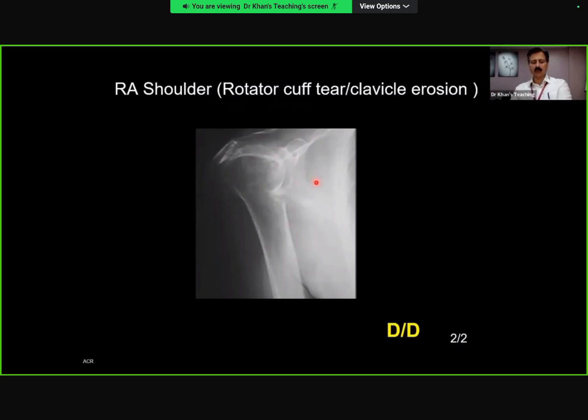That's a legitimate question. But having said that, this is because of mechanical effects, where the inferior surface of the glenoid is causing chronic indentation. So this is a very important exam film, and this has come up in the exam for rheumatoid, and the clavicle is the key finding there.